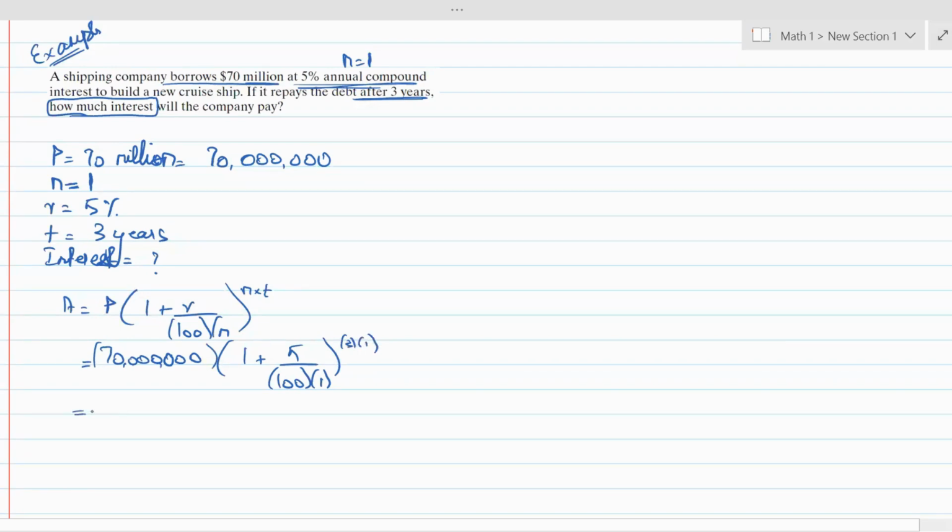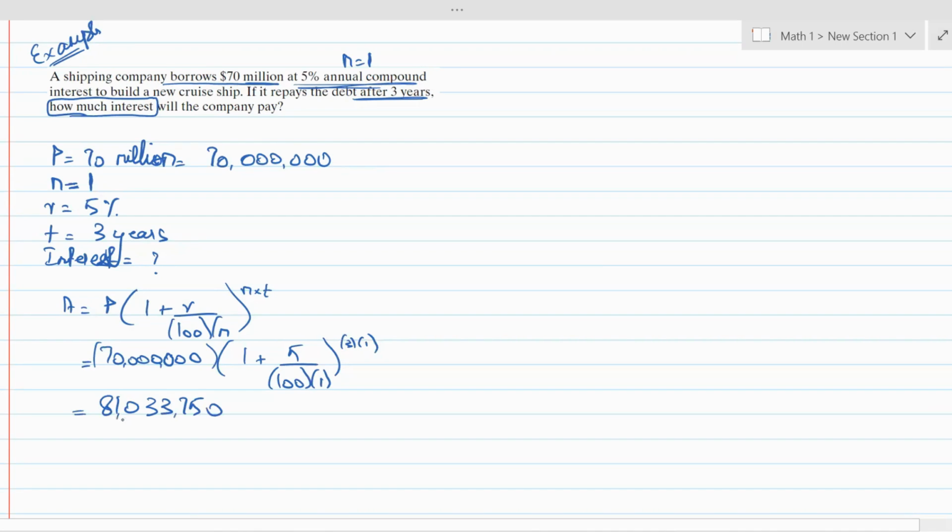Now we may use the calculator here. It would be 1 plus 0.05 raised to the power 3 multiplied by 70 million. We're getting this as 81,033,750.